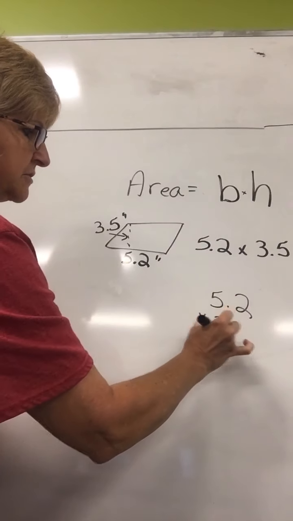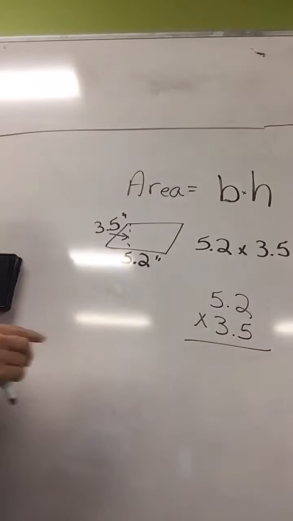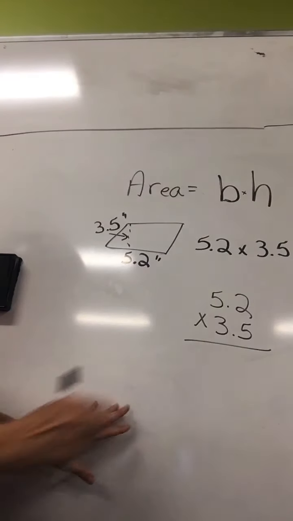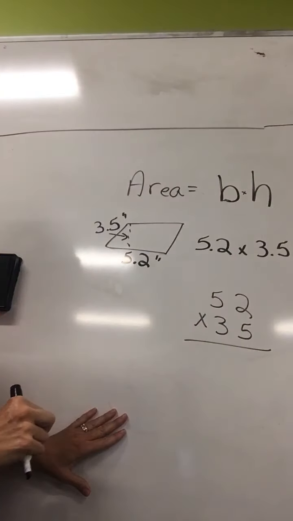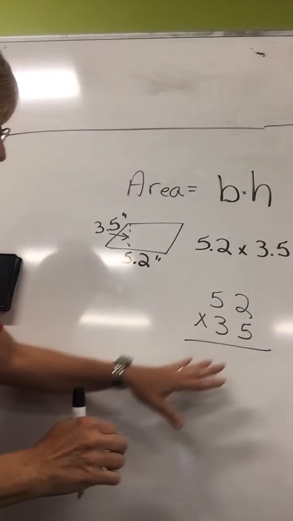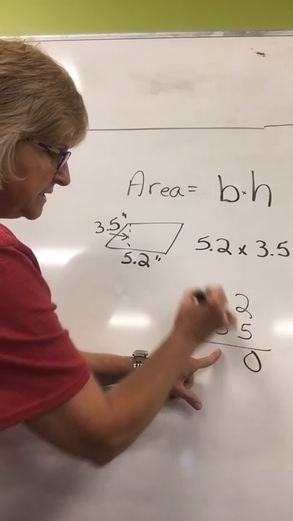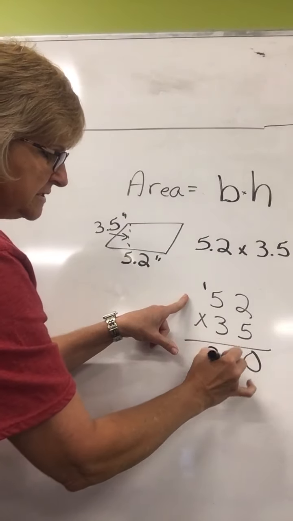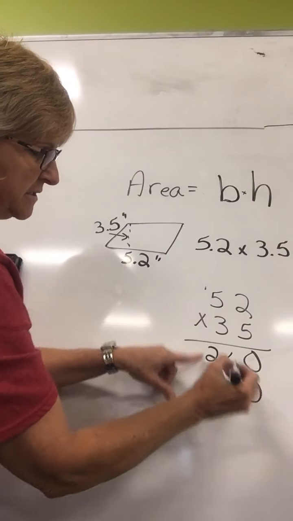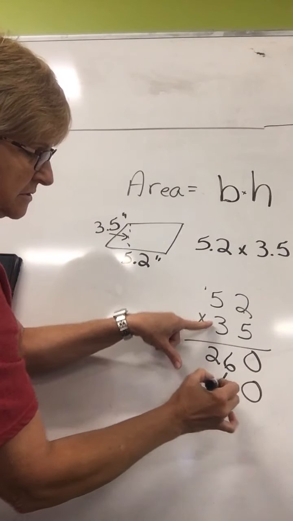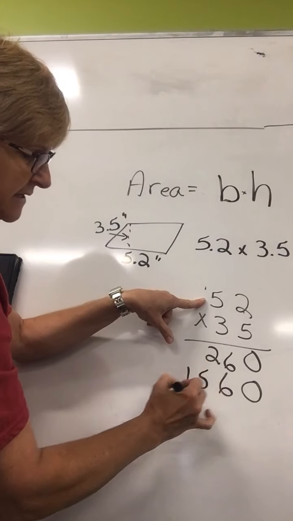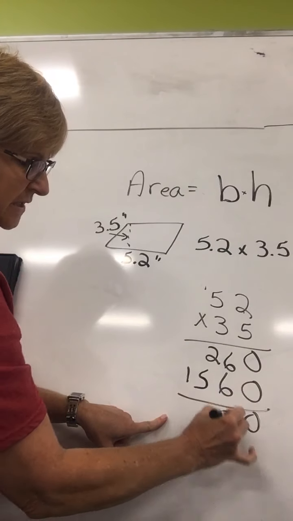5.2 times 3.5. Remember, when we multiply decimals, forget the decimals are there. Just pretend they're not there and just do regular multiplication. 10, 26. I need a 0 placeholder. 3 times 2, 3 times 5. Add those together.